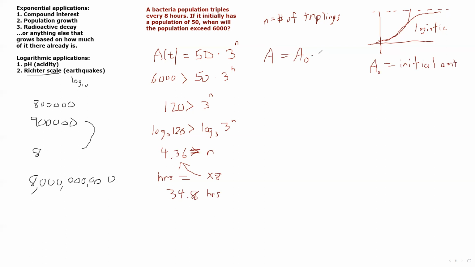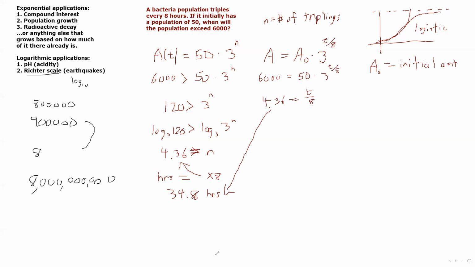Times 3 to the, and then we could have said t over 8. And this is another way of doing it, and it actually ends up being exactly the same thing. Because you'll go through these steps, and you'll get 4.36 is equal to t over 8, and then you'll end up right back here.